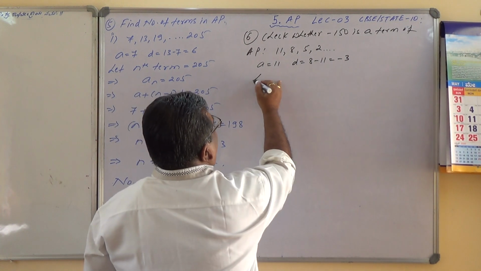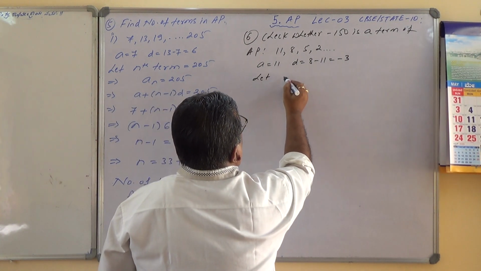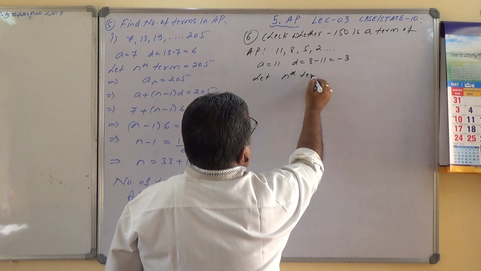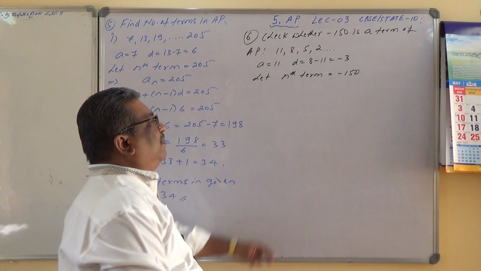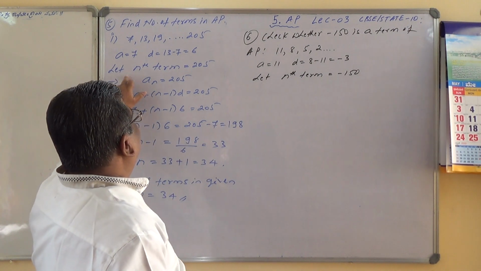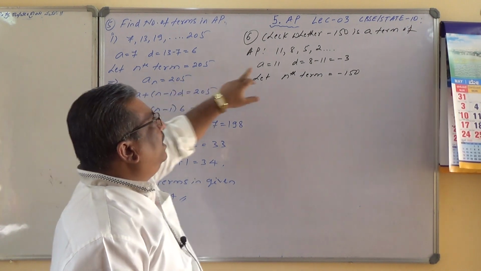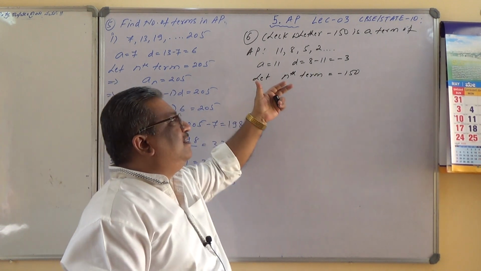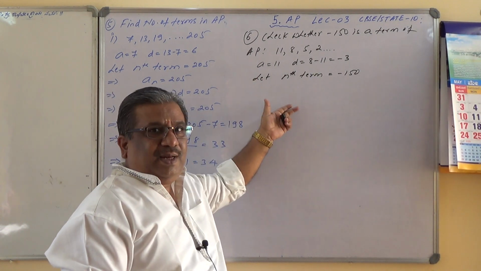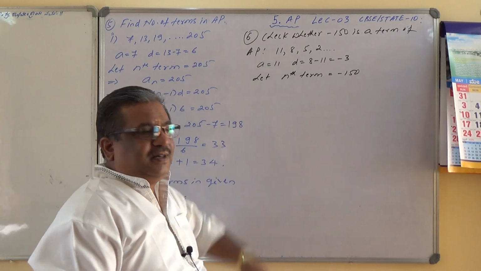So let the nth term equal minus 150. I hope you are able to understand how I am taking it everywhere here. Just as we let the nth term be 205 earlier, here also let the nth term be minus 150, because only if n is a natural number can it be a term, otherwise it is not a term.